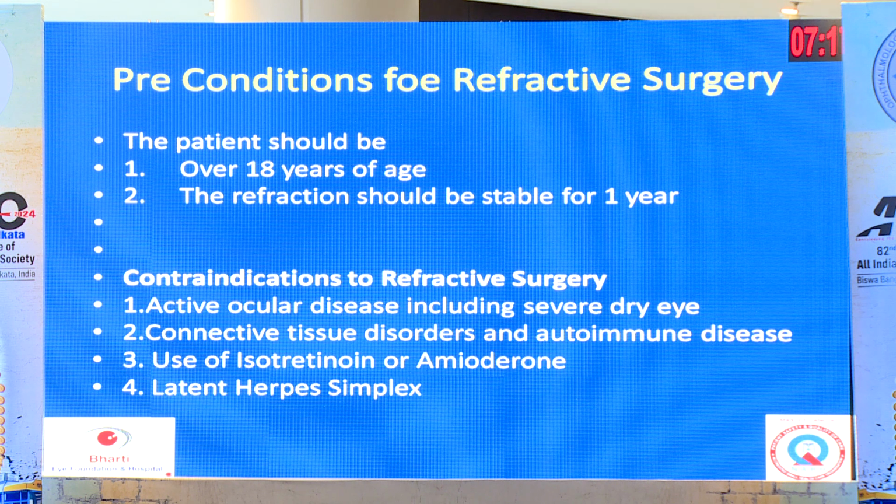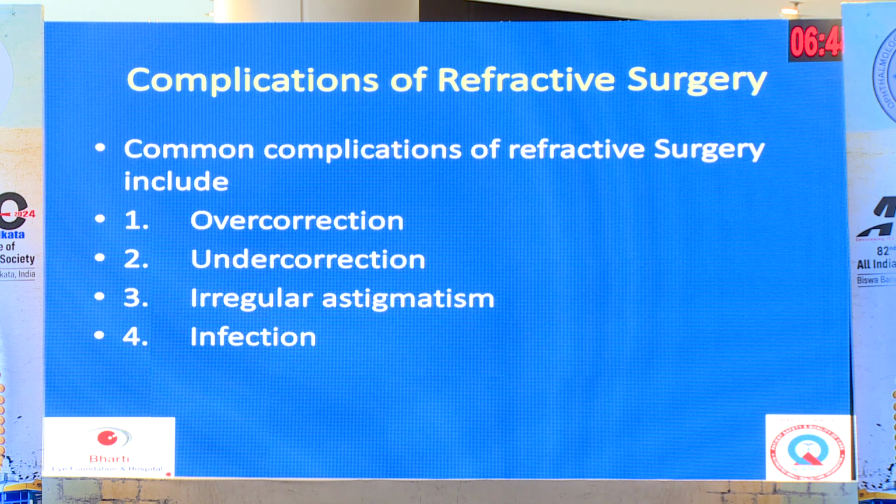The preconditions for refractive surgery, as the law goes, are age over 18 and refraction stable for 1 year. Contraindications are active ocular disease, connective tissue disorder, autoimmune disease, use of isotretinoin and amiodarone, and latent herpes simplex, because herpes simplex can cause real problems in healing and infection.